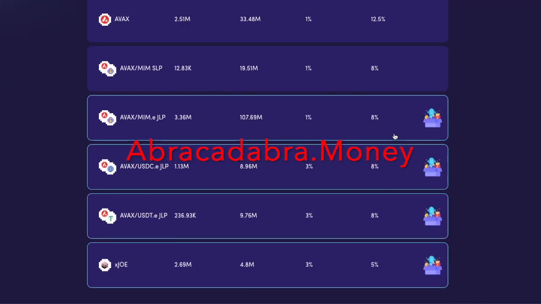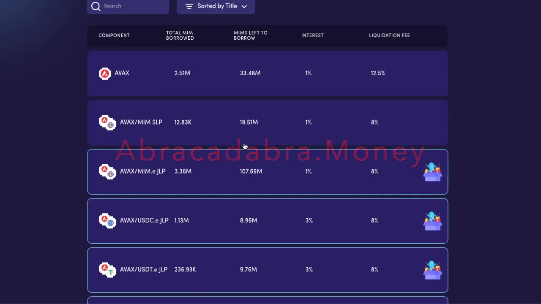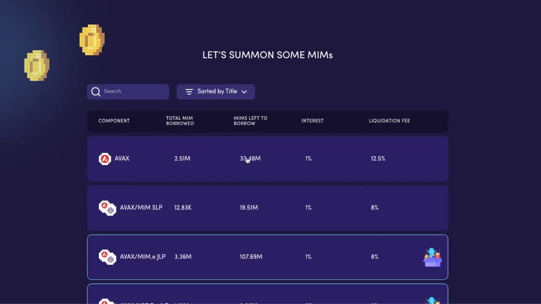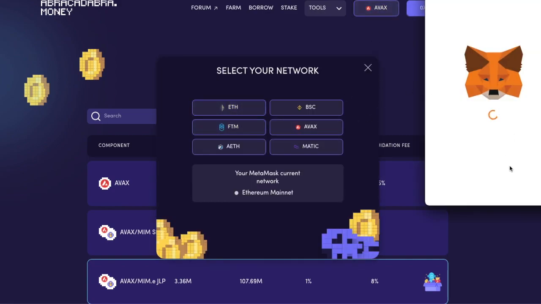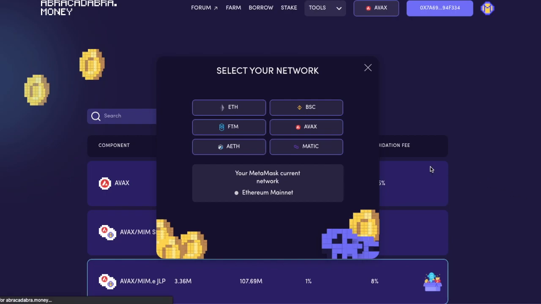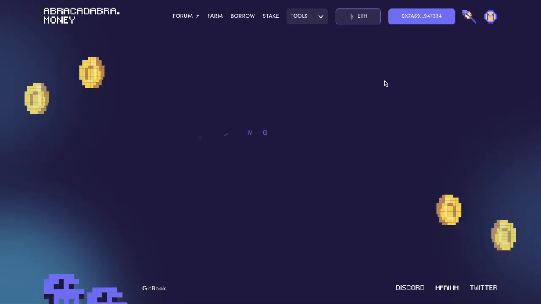The third one, and I've covered this a lot of times, is Abracadabra money. If you go to Ethereum right now, this strategy is not on Binance or any of the other chains. You got to go to Ethereum, go to borrow. There's a lot of MIM available to borrow.